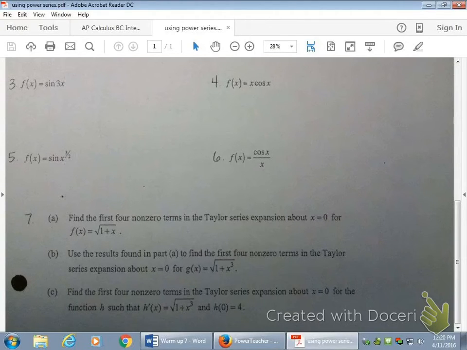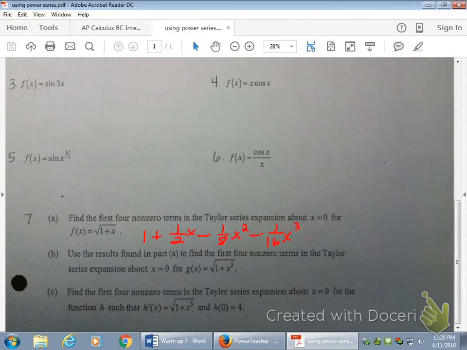I will tell you that you should get 1 plus 1/2 x, or x over 2, minus 1/8 x squared plus 1 over 16 x to the third. Sometimes you have to have the formula in at the end, and sometimes you don't. It really just depends. At this point, I'll be okay with not having it, but there may be some times where we need to come up with it.